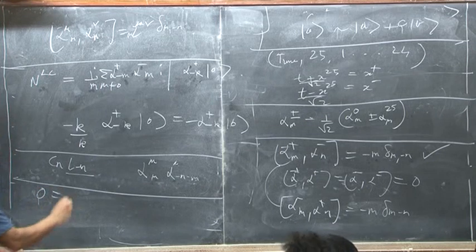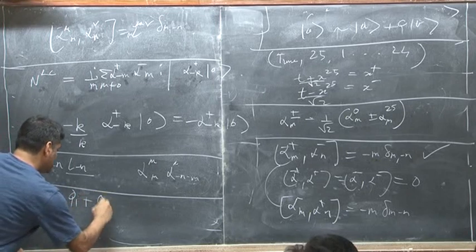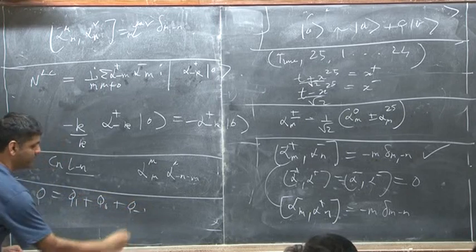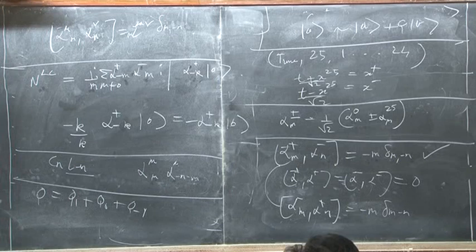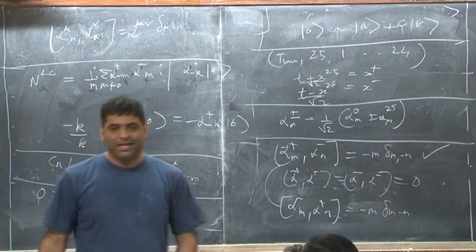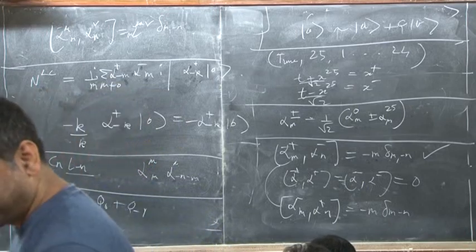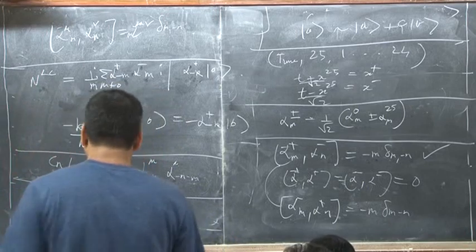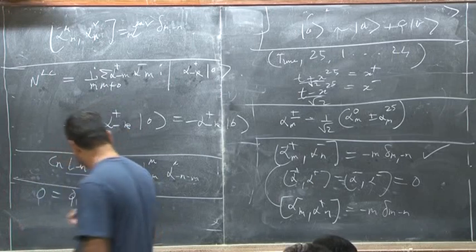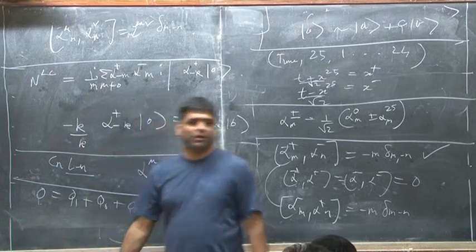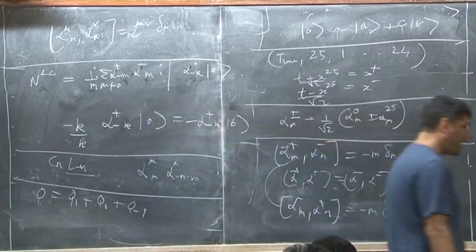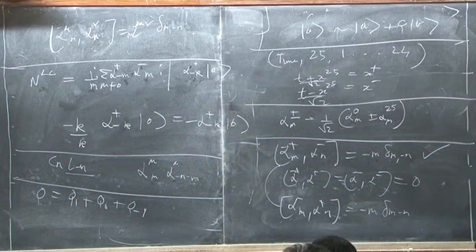Okay. So we have Q as Q1 plus Q0 plus Q minus 1, where I just decompose the BRST charge into its quantum numbers under the light cone. Now, as we've seen from this discussion, while Q is a complicated operator, Q1 is a very simple operator.